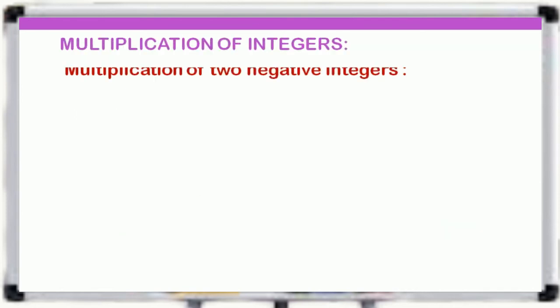So now take another example, that is multiplication of two negative numbers. In the first example, in multiplication we take 2 positive numbers, and in the second example we take 1 positive and 1 negative.